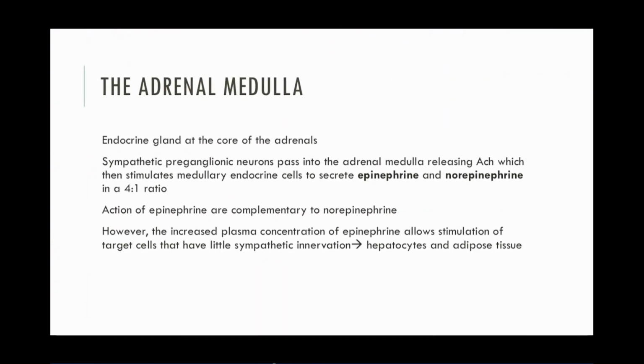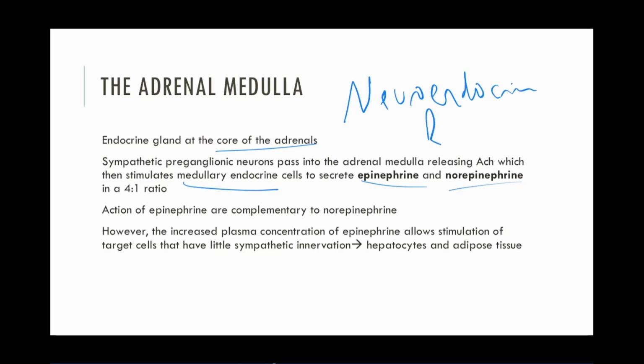The adrenal medulla is an endocrine gland at the core of the adrenal gland. We have sympathetic preganglionic neurons that go into this area that stimulate the medullary endocrine cells to release epi and norepi. Okay, this is a neuroendocrine response.